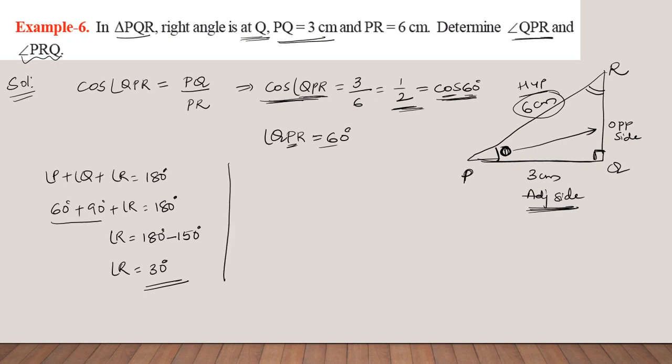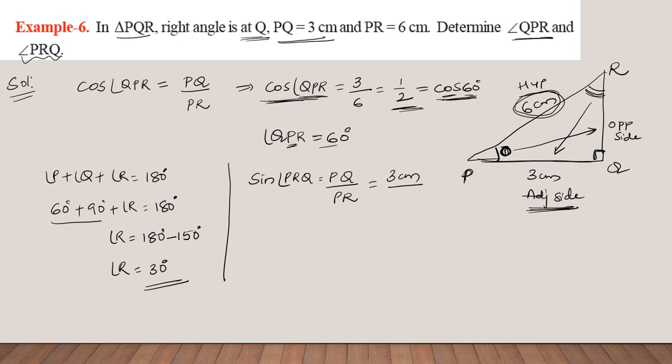So this is one approach. There is one more approach. I need to find out angle R, right? So with respect to angle R, this is my opposite side and this is my hypotenuse, right? So based on that, opposite and hypotenuse, I need to apply sine. So sine angle PRQ is equal to PQ divided by PR. What is PQ here?